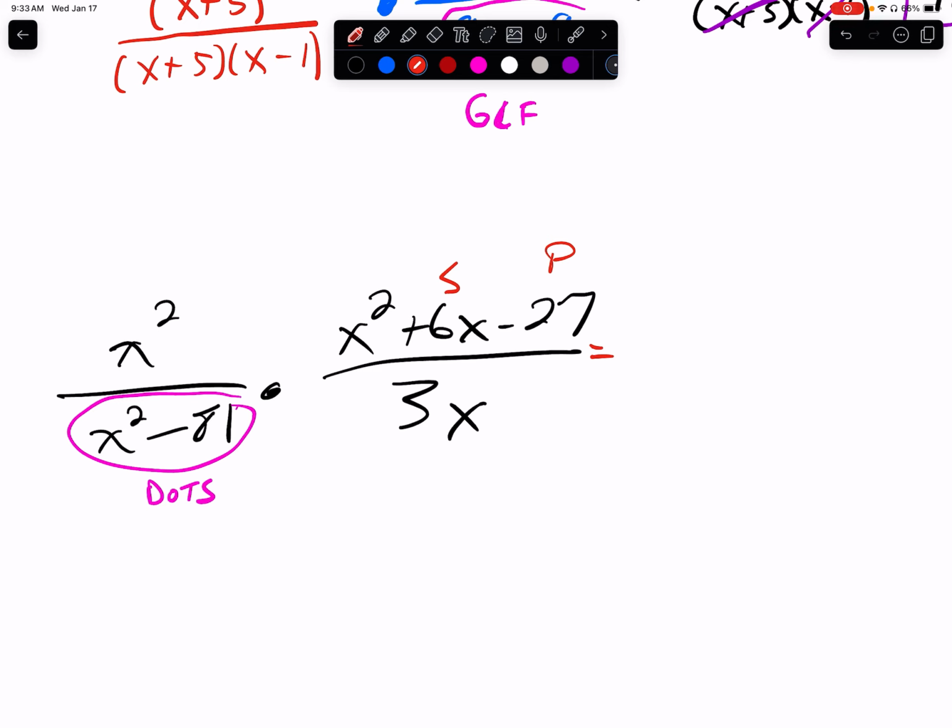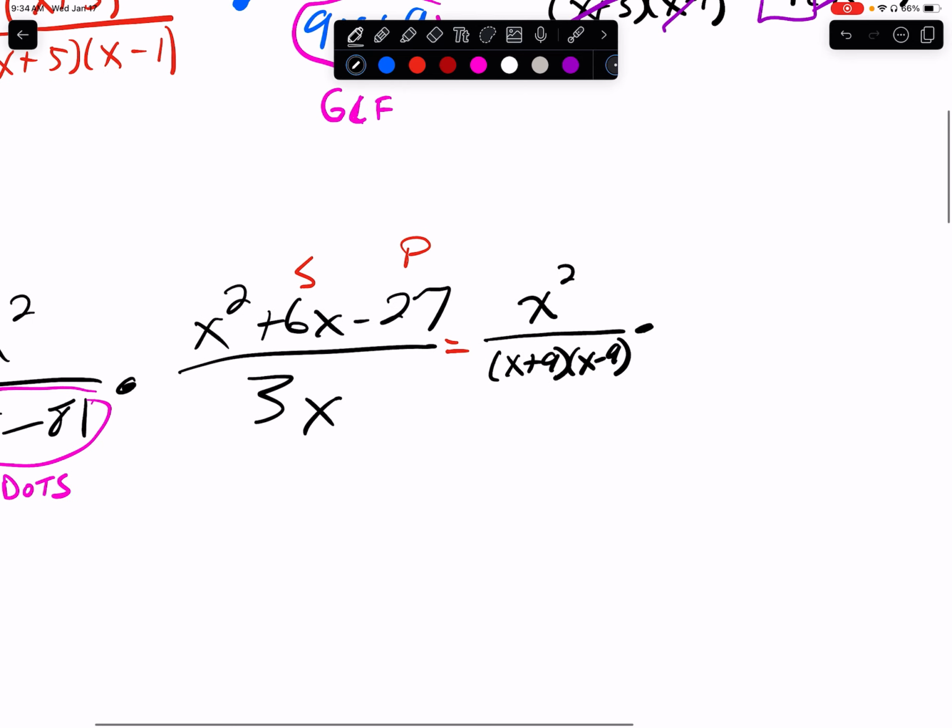Okay, so I'm going to start rewriting here. I've got x squared in this first fraction, and then dots is x plus 9, x minus 9. And then I've got multiplying, we don't have to change anything. What multiplies to -27 and adds to 6? Well, x plus 9, x minus 3. And then what we have left in the bottom is just a 3x.